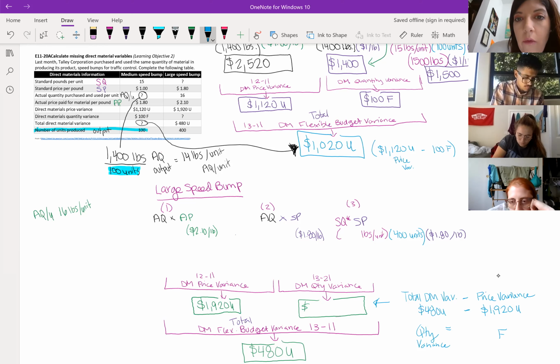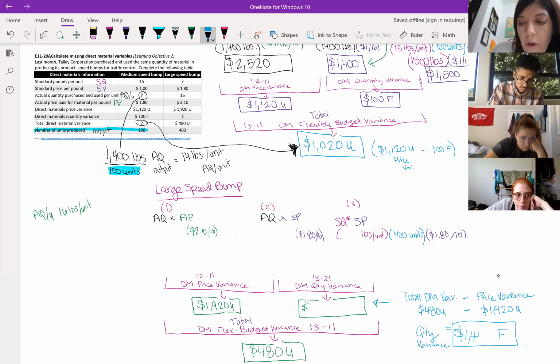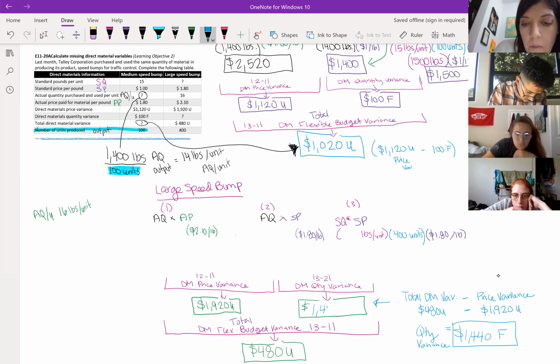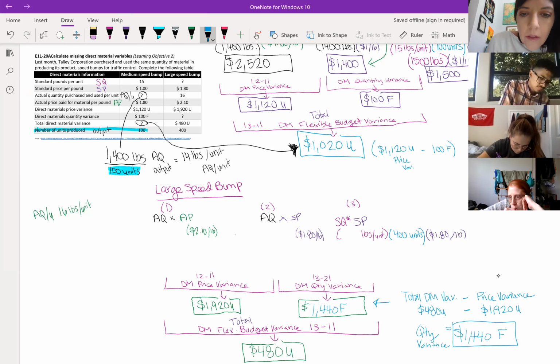So 1,920 unfavorable compared to 480 unfavorable. What's the dollar amount that it's favorable? $1,440. Yep, 1,440 favorable. So we know that this number in the middle is going to be 1,440 lower than this one on the outside.